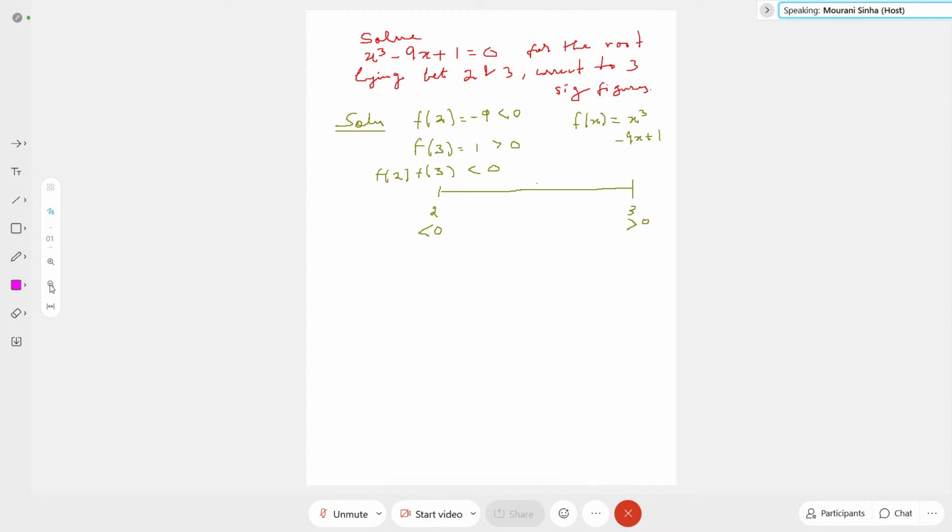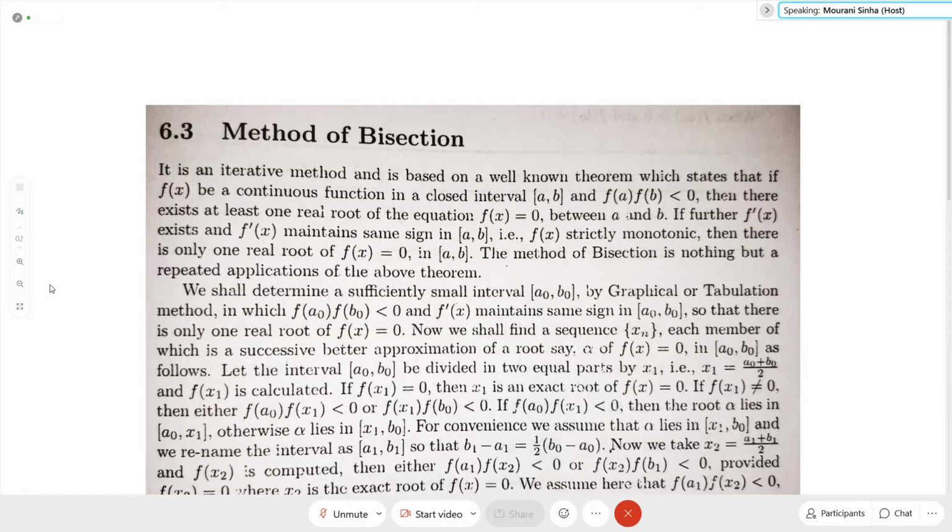we found out that f(2) is negative and f(3) is positive. Here we have told you that for the bisection method, which is an iterative method, f(x) has to be continuous. This is one criterion, and f(a) times f(b) should be less than 0. This is the second criterion. Then there exists at least one root between a and b.